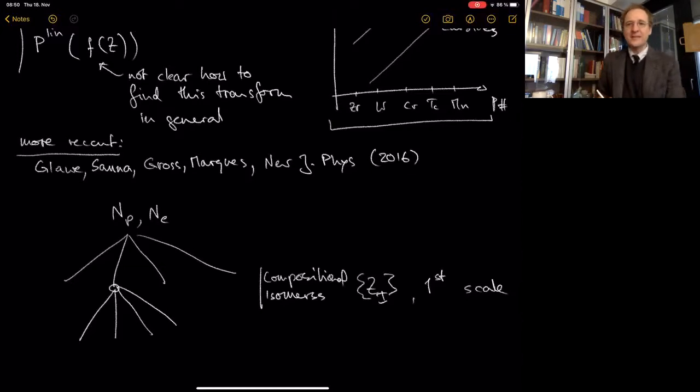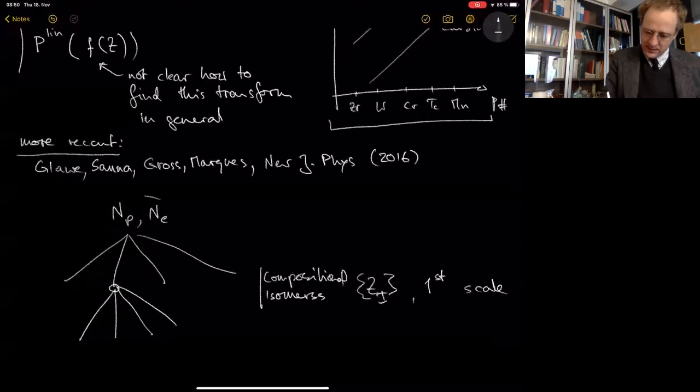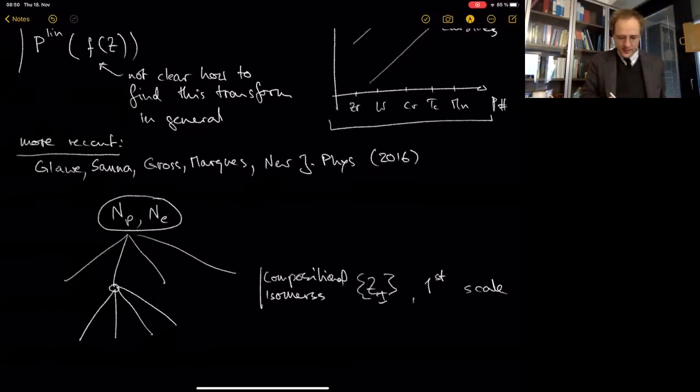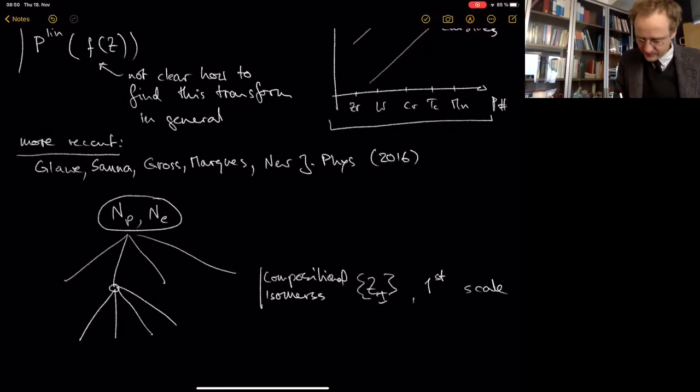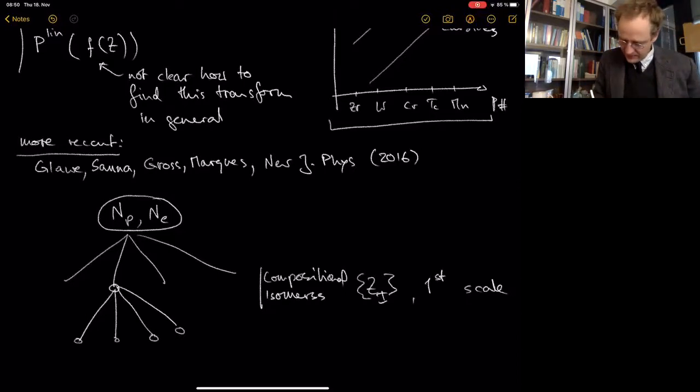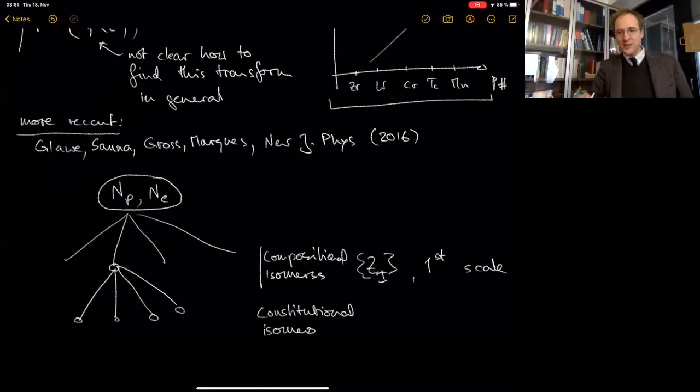And for any of these, you can define graphs, right? And these are the constitutional isomers. So they all share the same stoichiometry.